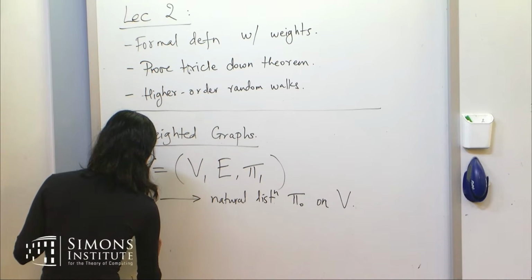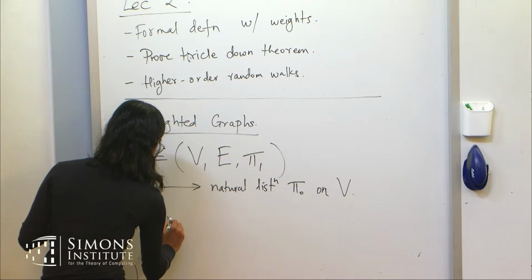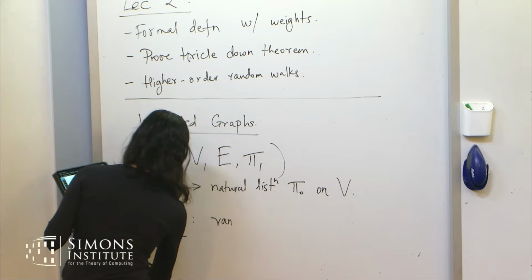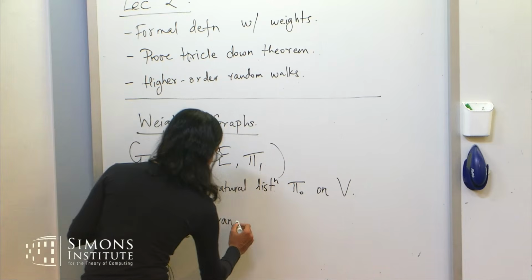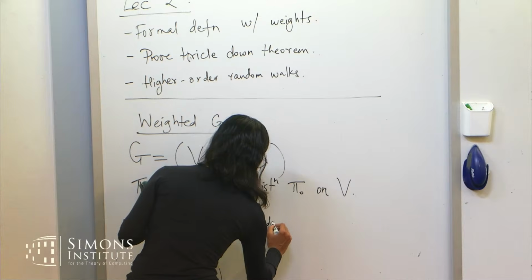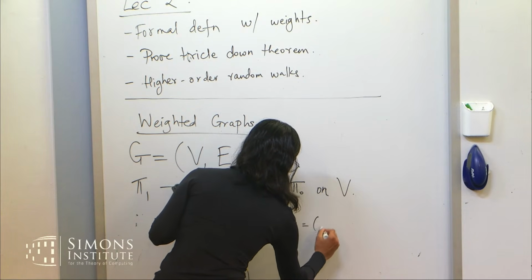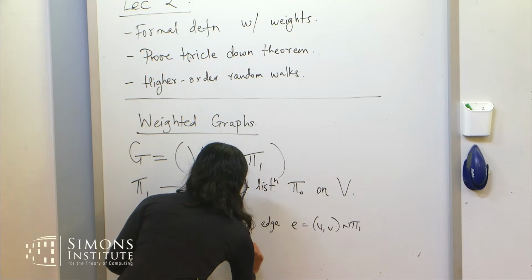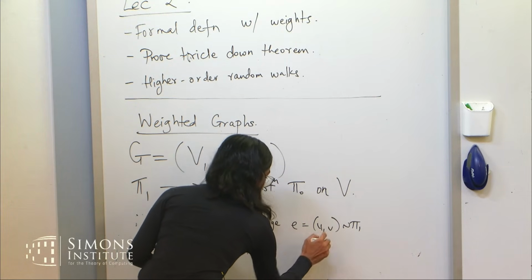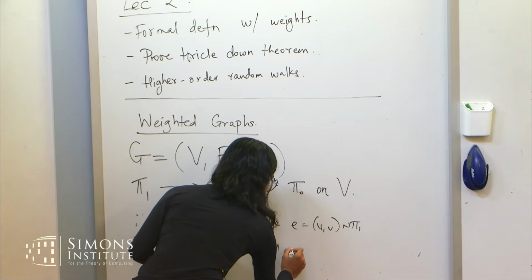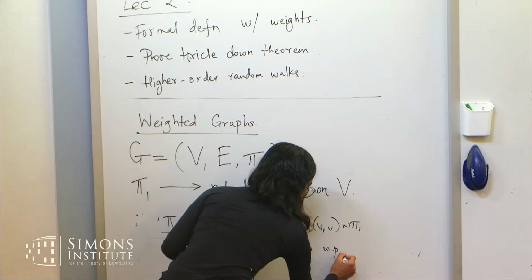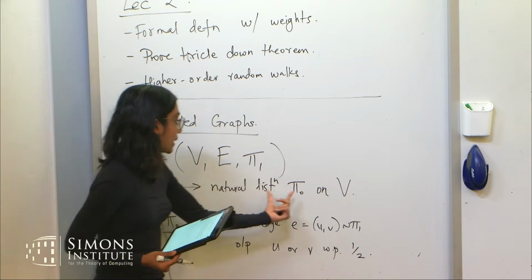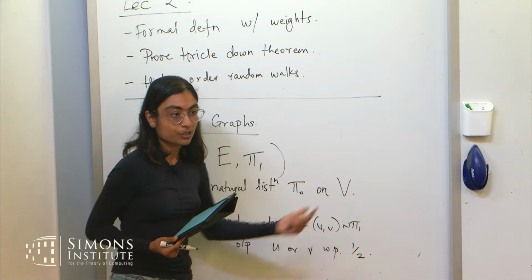To sample a random vertex V from pi 0, you first sample a random edge E from pi 1, and then output a random one of U or V with probability half each. So you get a distribution on the vertices.